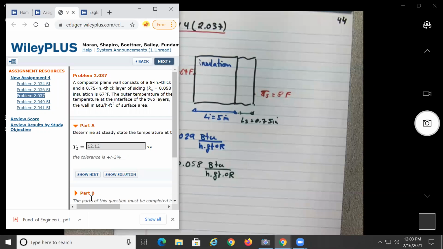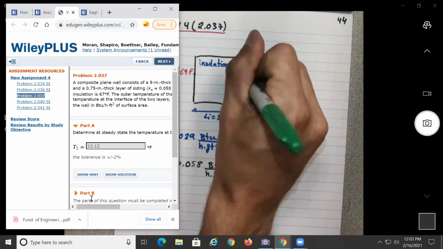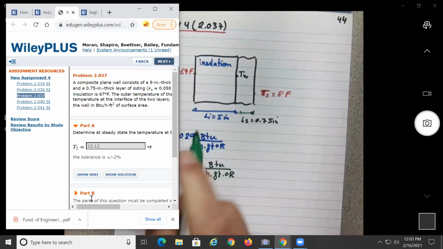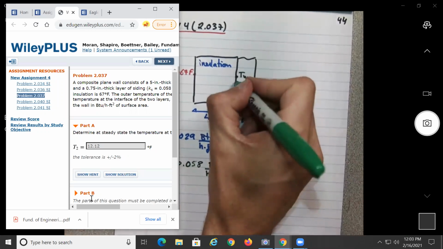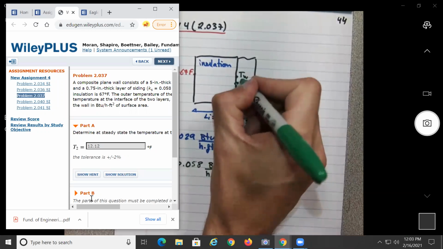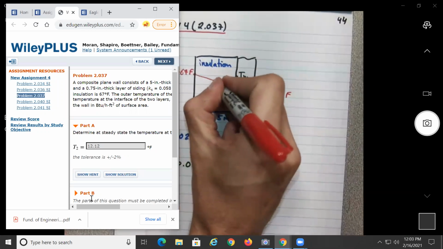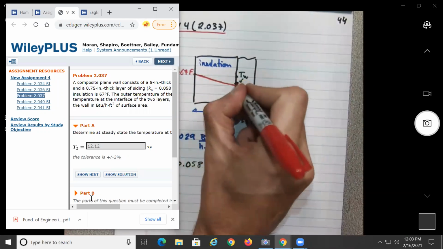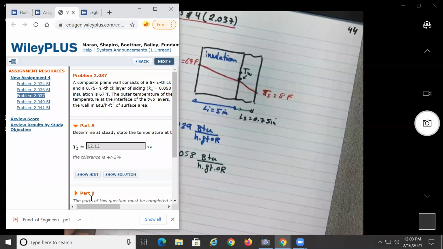Okay, so we need to basically determine the temperature here. That would be, let's say, T wall, over here. Maybe put it a little bit down. Basically, we're going to go through this line this way and then this way, for the different materials.